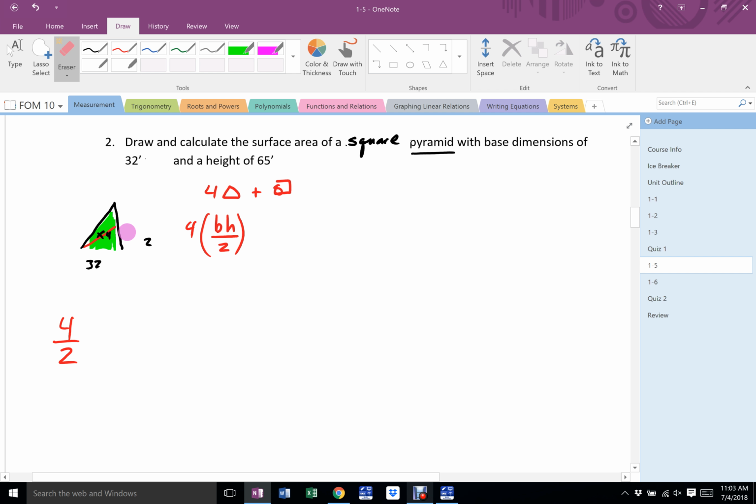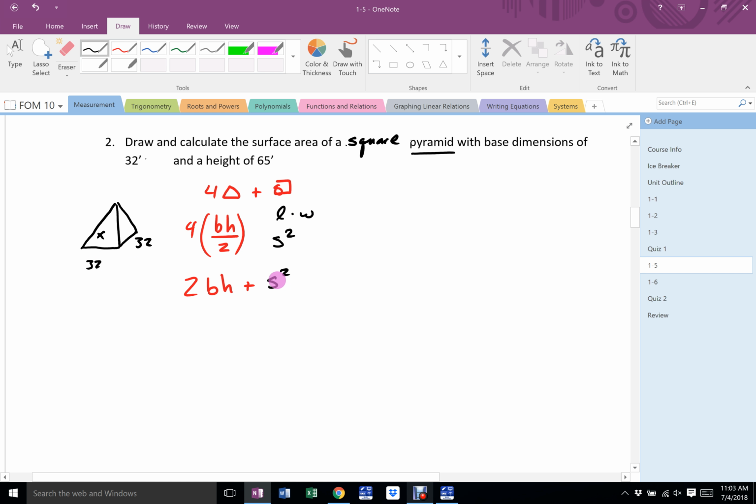What's the answer to what I just wrote in red there? 2. So what's going to happen to that 4 and that 2 here? They're going to become 2 base times height plus, now a square is length times width, but in a square, length and width are the same, right? So it's just the side squared.